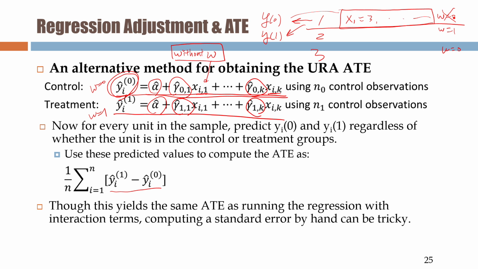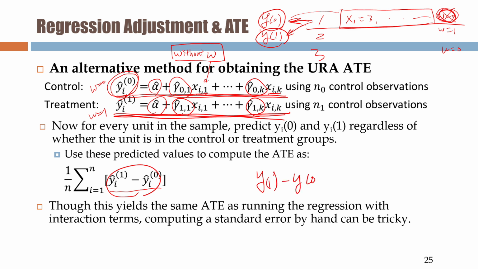This person actually has only one of w0 or w1. But since you have two different regression models, you can predict both y0 and y1 for the one person. Then you calculate the subtraction, so each person will have a y1 minus y0.